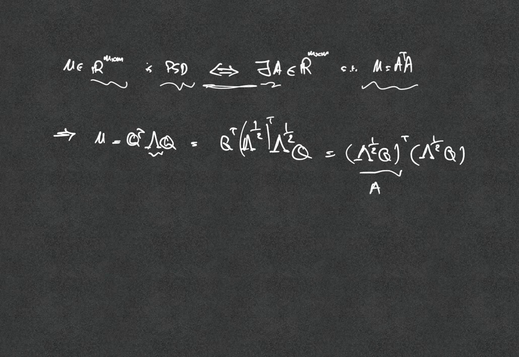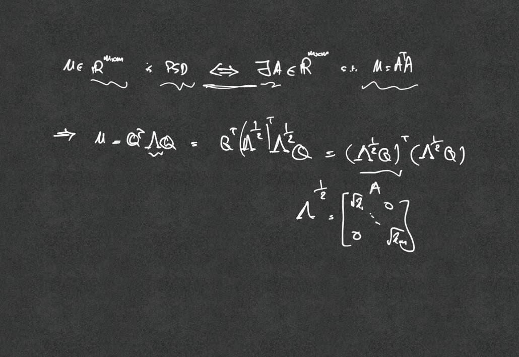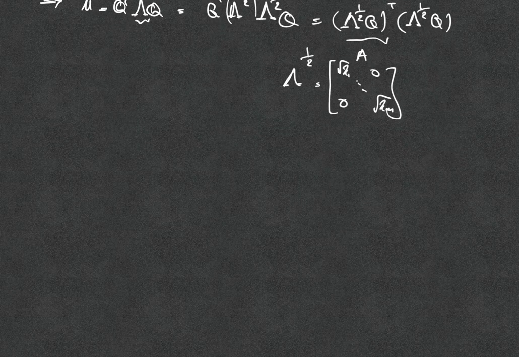So you can formulate M and decompose it this way. And this is going to be essentially the diagonal matrix like this. And that would be it. So this is the proof for this side of the equation.